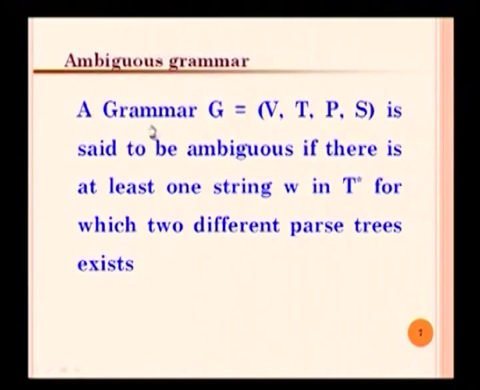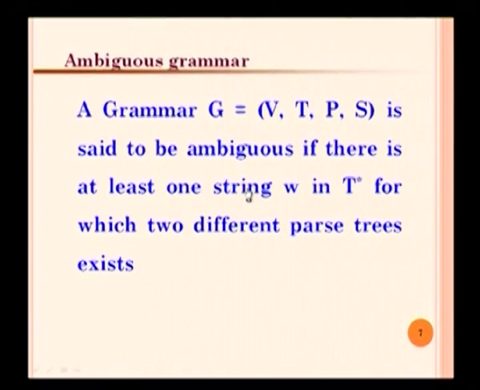Welcome back. We have just seen what an ambiguous grammar is. Here is the definition. A grammar G with the usual 4 components, V, the variable set, T, the terminal set, P, the productions, and S, the start symbol of the grammar, is said to be ambiguous if there is at least one string.